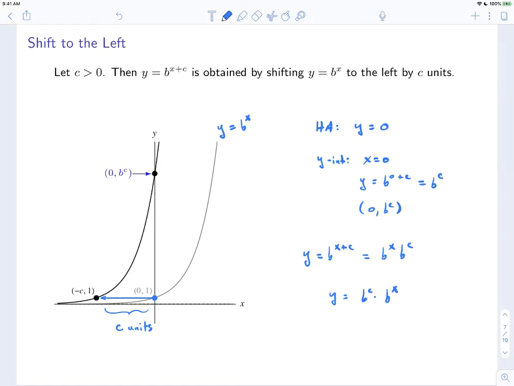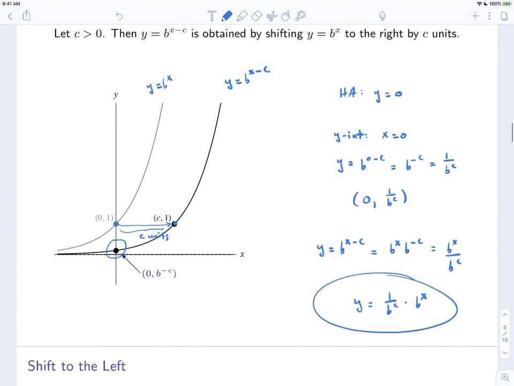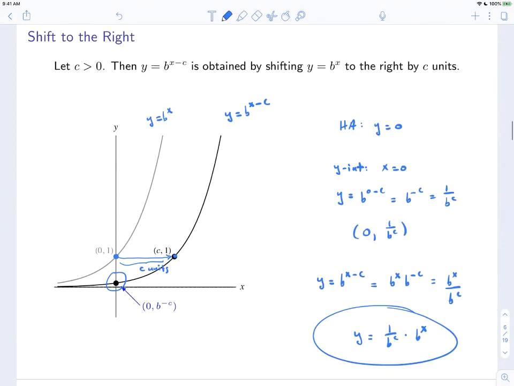Notice that the end behavior didn't change at all in either of these. If we look at the shift to the right, we have that b to the x minus c still goes to infinity as x goes to infinity. And we have b to the x minus c goes to 0 as x goes to negative infinity.